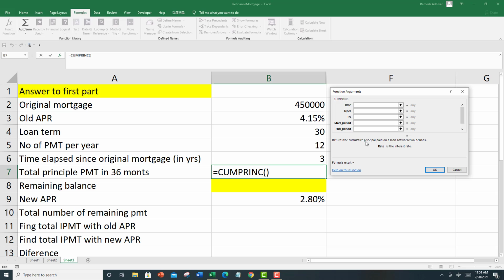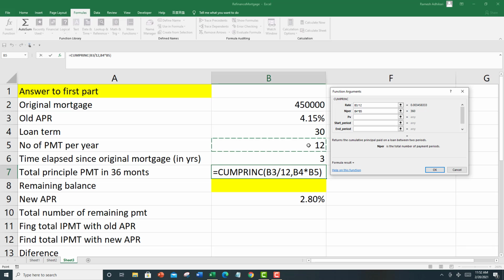We can input that information and then calculate how much cumulative principal you would pay in the past 36 months. Let's compute here. Rate is 4.15%, but remember that's annual, so we need to divide this by 12. Then for number of payments, you can simply say 30 times 12, or you can also say B4 times B5, because each cell has 30 and 12.